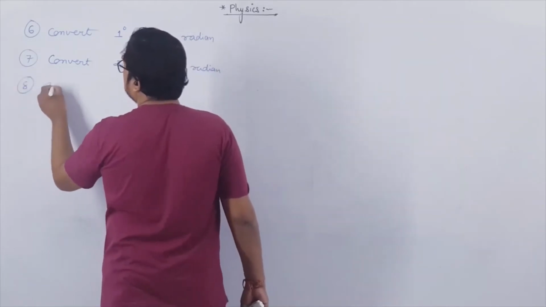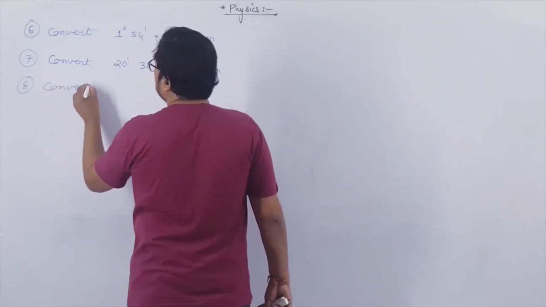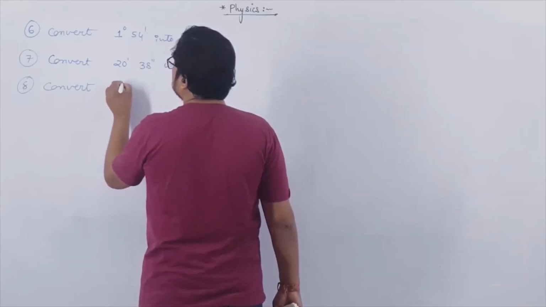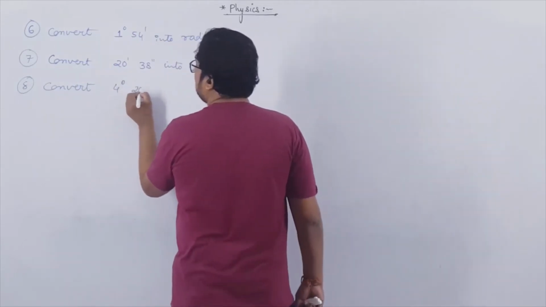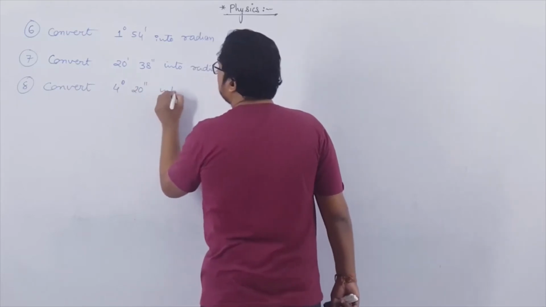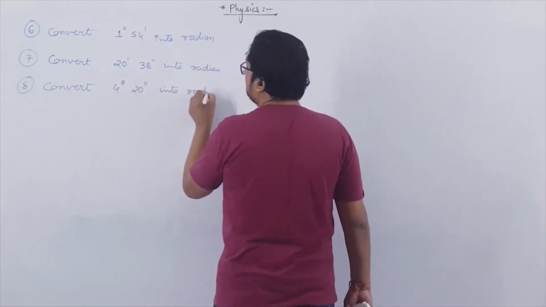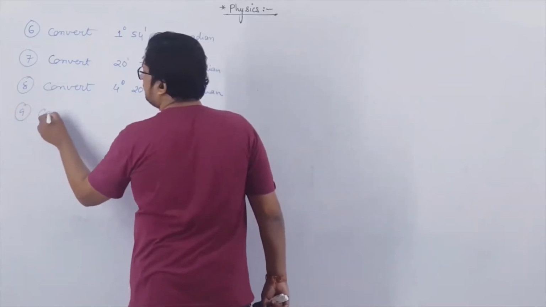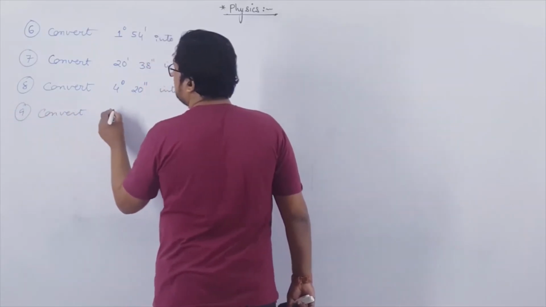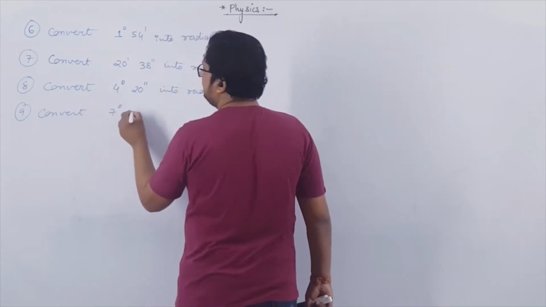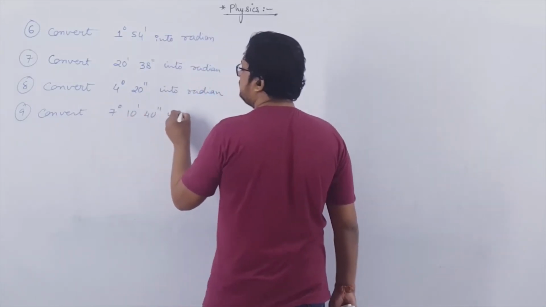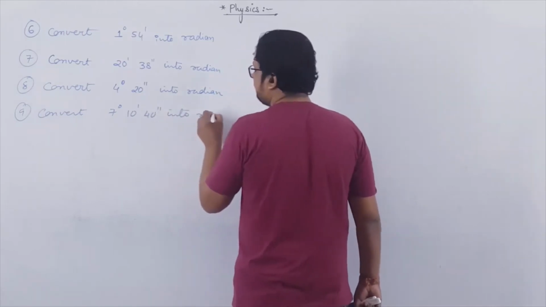8th, convert 4 degree 20 seconds into radian. 9th one, convert 7 degree 10 minute and 40 seconds into radian.